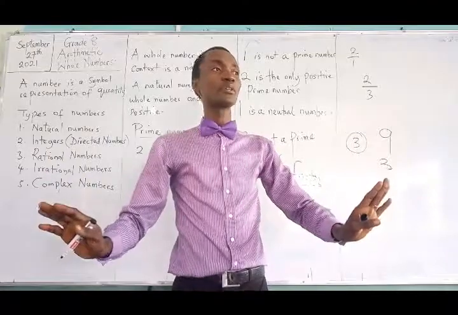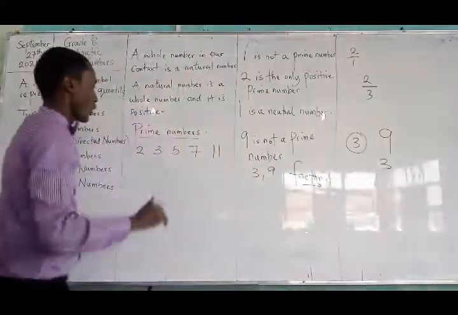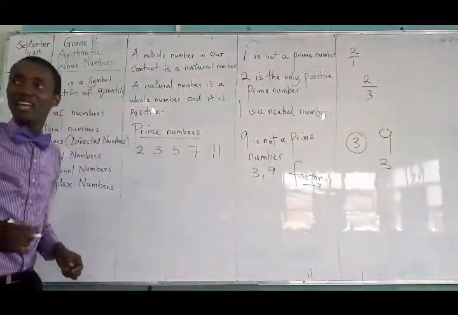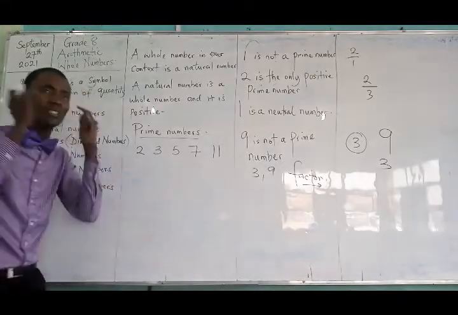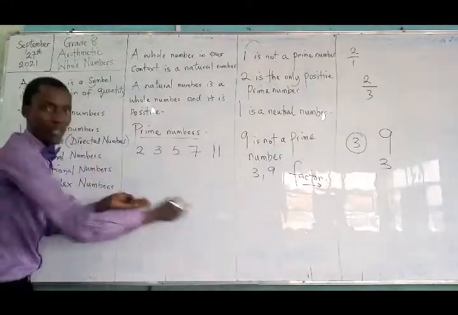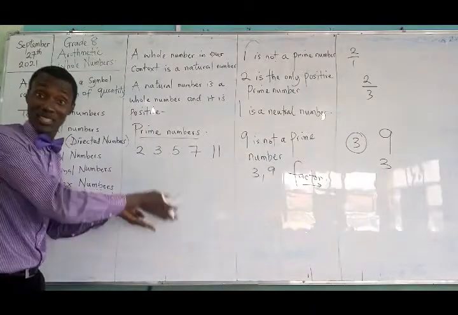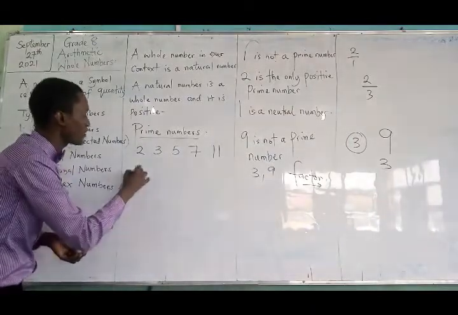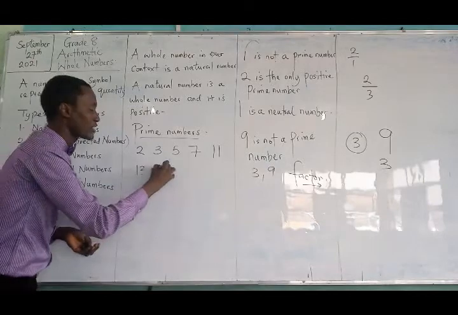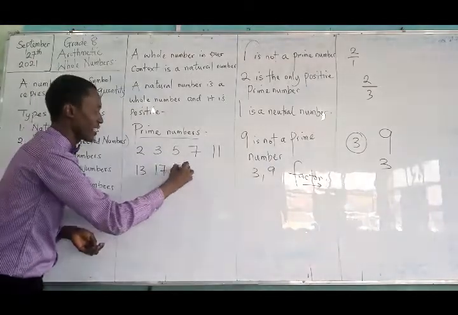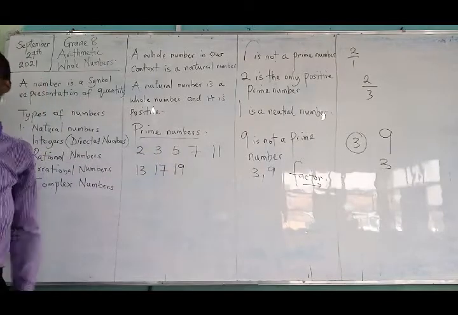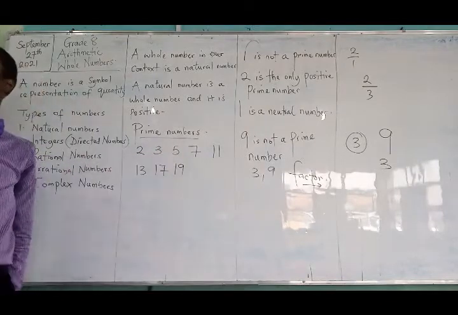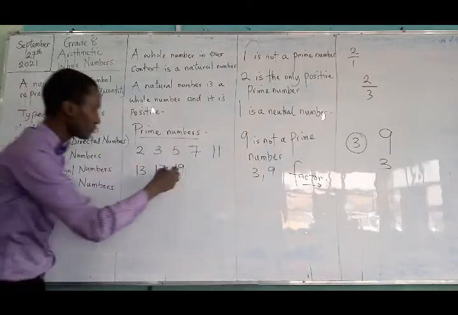Very good. Okay. Now, we stopped at 11. I said I'm using my 5-5 model. I use this because it's easier for me to remember them. And you're going to see the reason why I'm using this. Next one we have is 13. Next one will be 17. Next will be 19. Now, as I'm doing this, watch the numbers. These are numbers that don't have factors other than themselves.